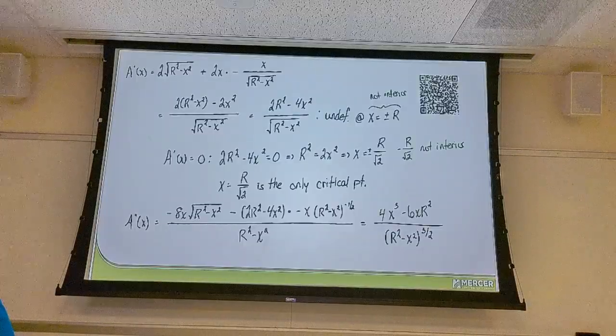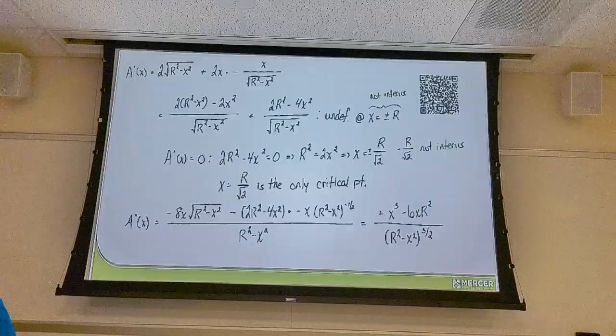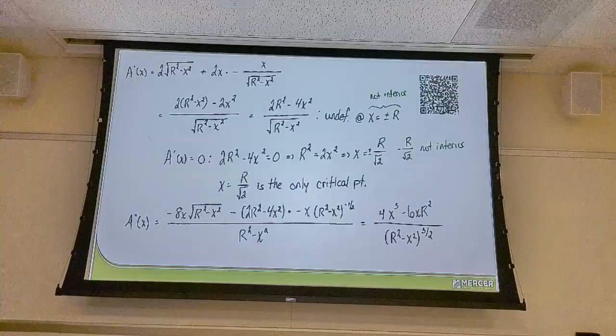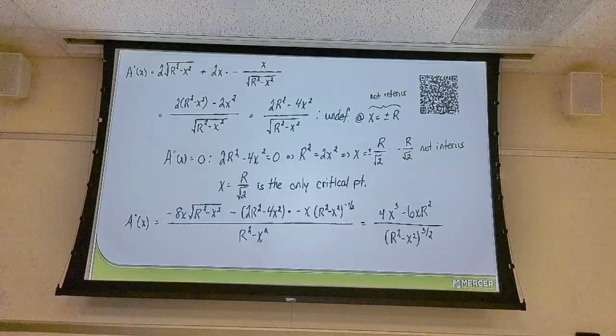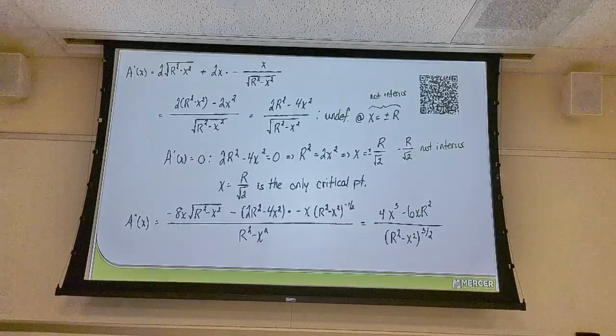That is supposed to be a 4, not a 12. Don't know how I got that wrong, I don't care. Algebra is never my strong suit.